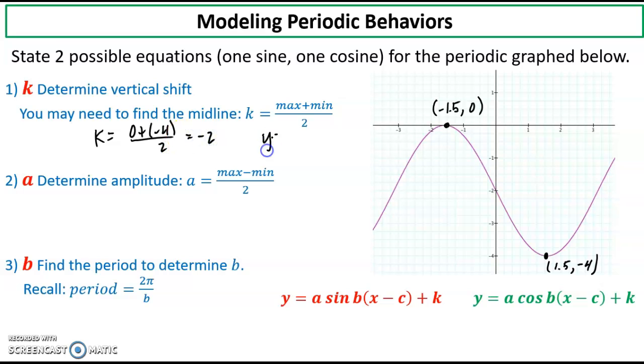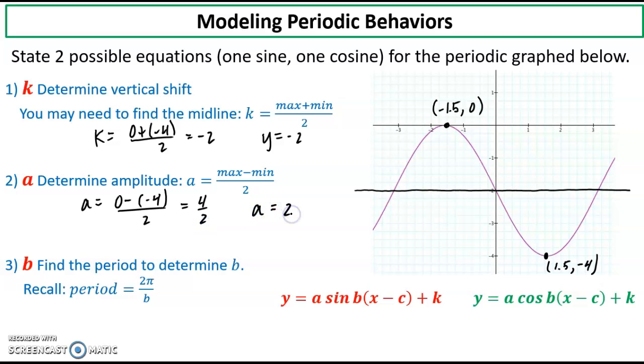I get a midline of y equals -2. I'm going to sketch that in. Amplitude is max minus min divided by 2. A is equal to 2. That makes sense. If I go up 2 units or down 2 units from my midline, I get to my max and my min.